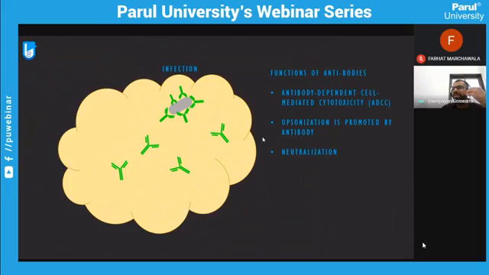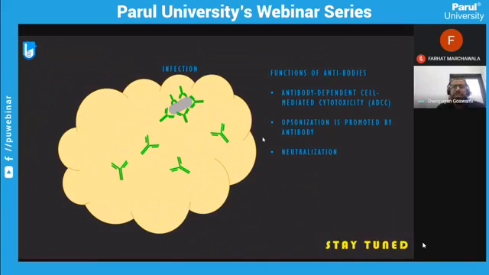So phagocytes like macrophages and neutrophils will think twice before eating that bacteria because of the toxic nature. But now, as this bacteria is neutralized, phagocytosis becomes very quick and the infection is being cleared.